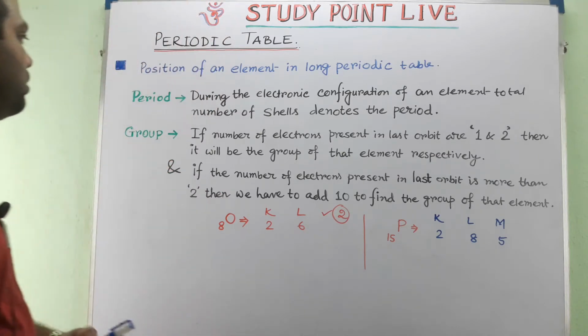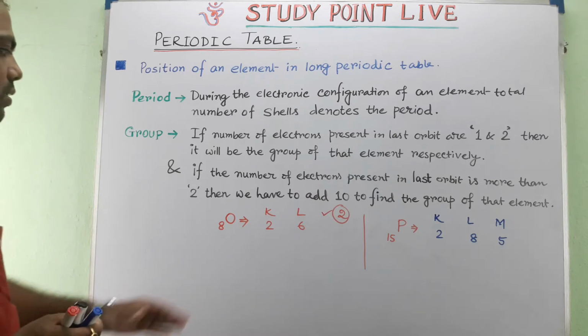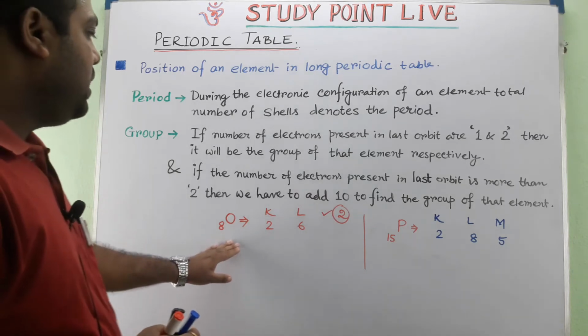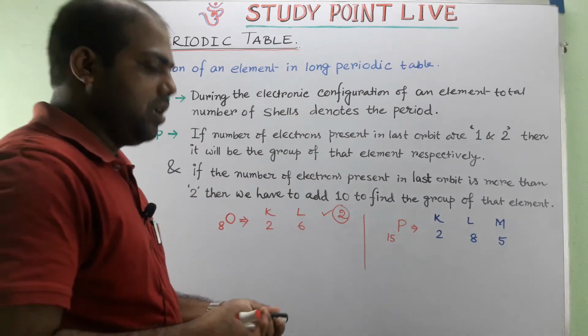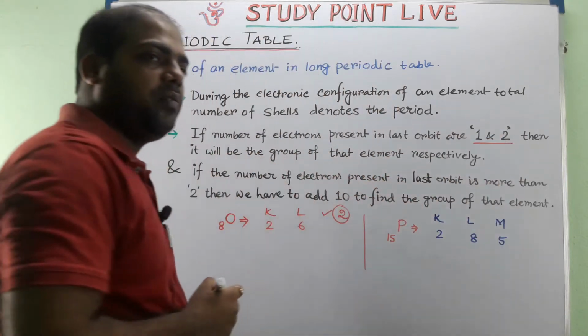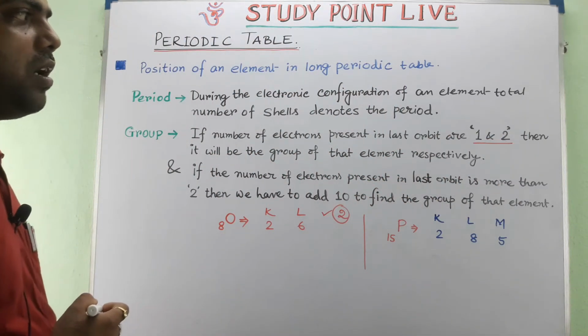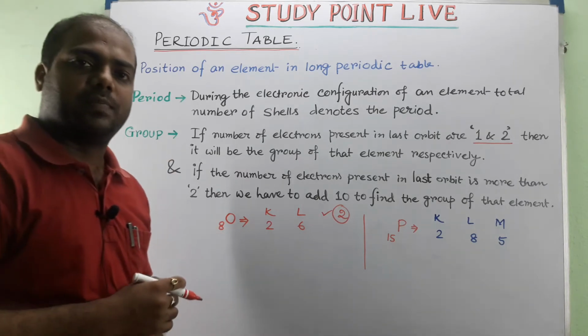Now the group is described also. If the number of electrons present in the last orbit is 1 or 2, then that will be the group of that element respectively.